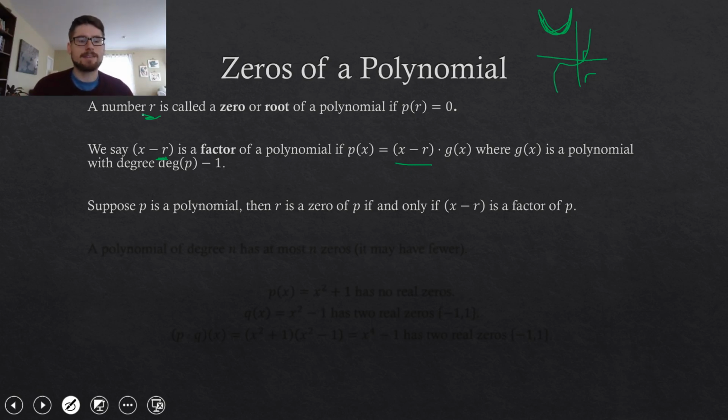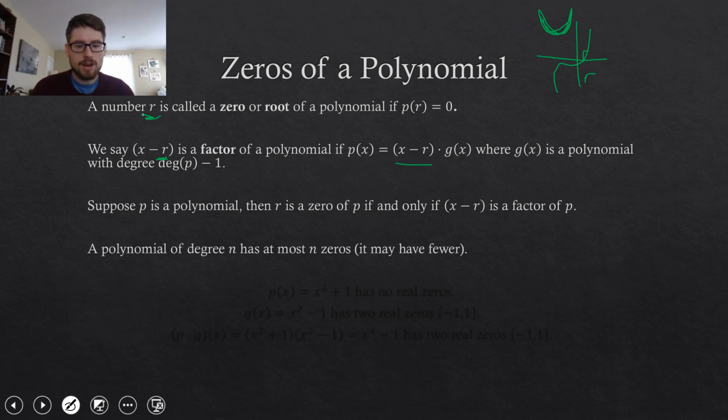Well, they're not exactly the same, but a factor tells you what the zeros are. And if you know a 0, then you in fact know a factor. So these are kind of one and the same idea. Though the techniques for finding factors, we'll be talking about those a little bit later.